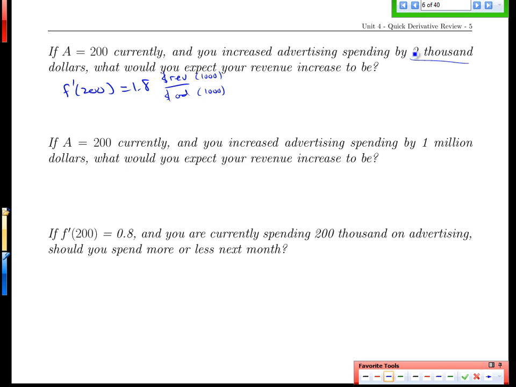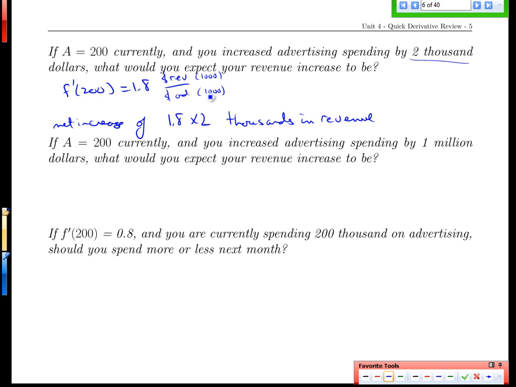So if we increase our ad by 2,000, we're going to have a net increase of 1.8 times 2 thousands, let's put it in words, thousands in revenue. And again, we could put extra units in here of this is 1.8 revenue per advertising, and this is $2,000 in advertising, so the units cancel again, and we get back to thousands in revenue.